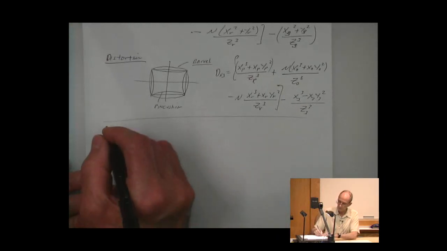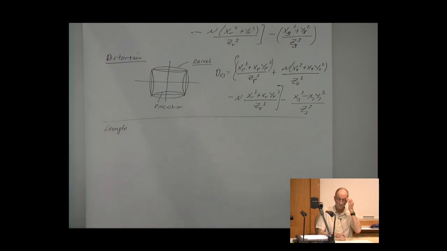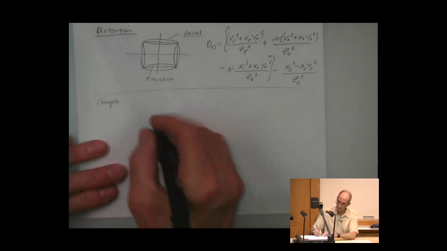So earlier, when we were just calculating the paraxial image locations, we had this problem, right?